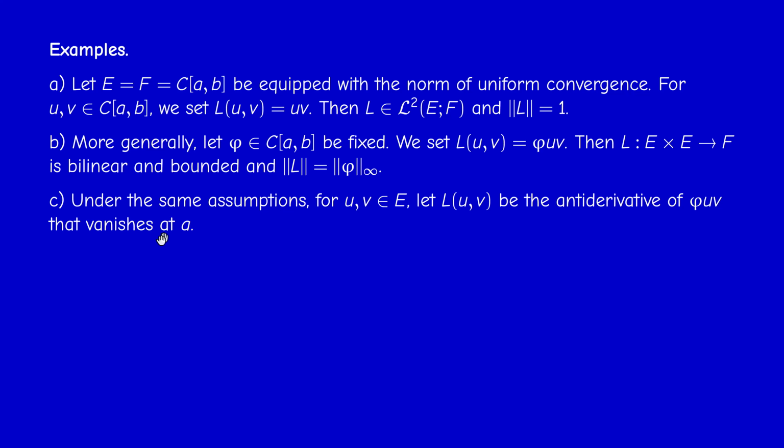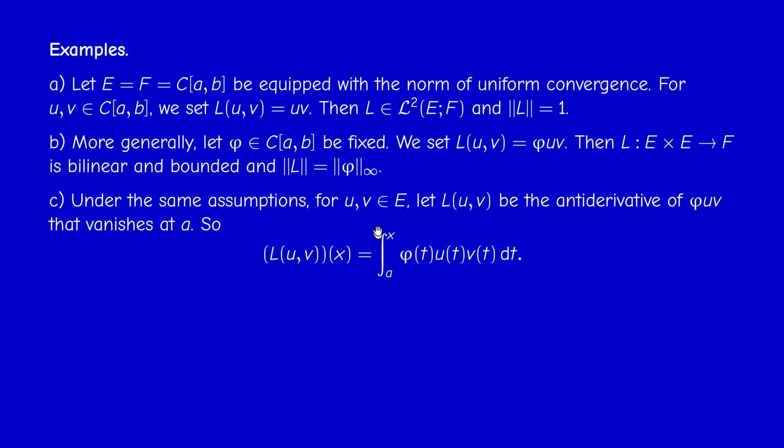And now another operator, the operator of integration, sorry. So we take the same space, continuous maps, and if you have two continuous functions u and v, we define a new map, their image under L is the antiderivative of phi u v, which vanishes at a. So it's an integral. But this is not a number, this is a function actually.